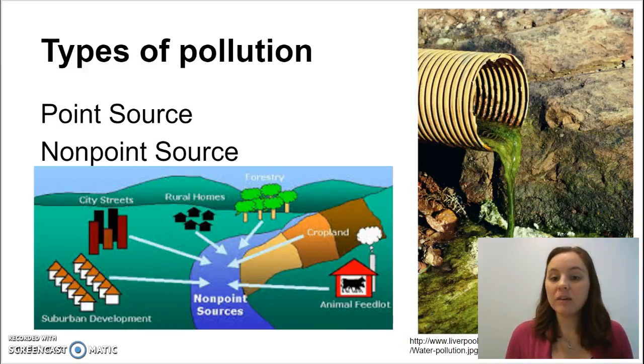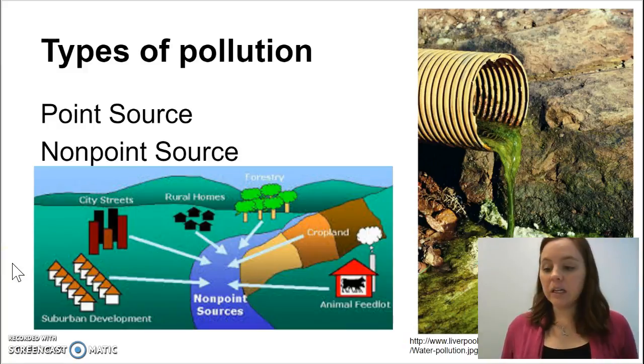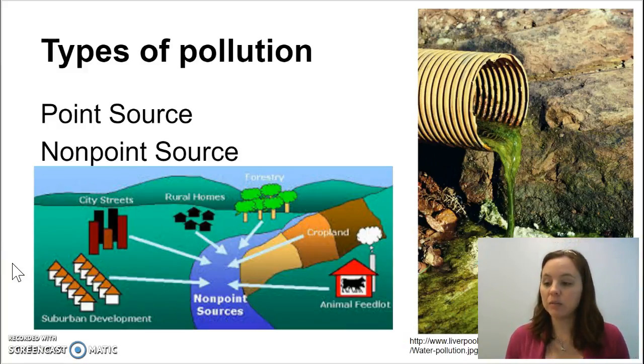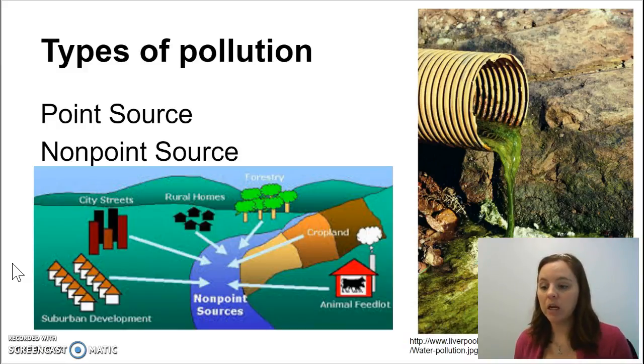Yay! And then we have non-point source pollution. This is basically any pollution that comes from lots of different, varied, unidentifiable sources, typically in the form of runoff. This is the most common source of surface water pollution, and it's really hard to regulate because you can't tell exactly where it's coming from or who is responsible for it.